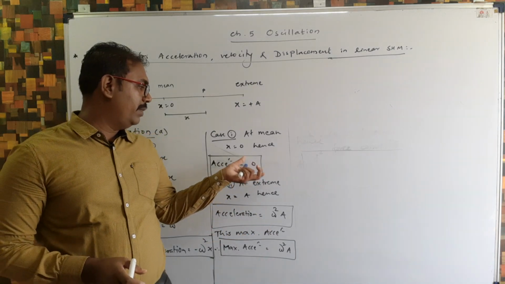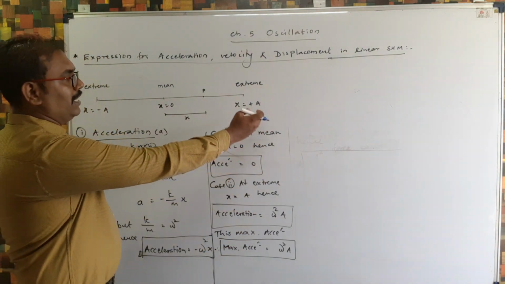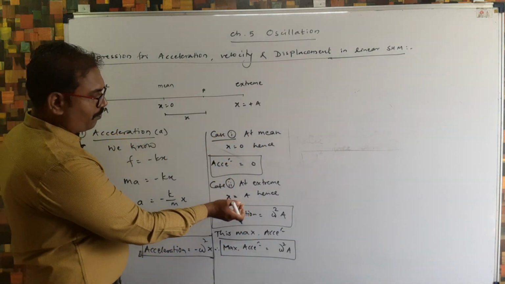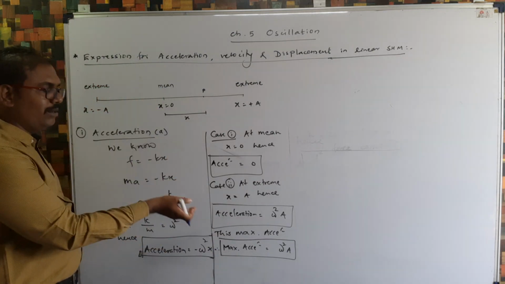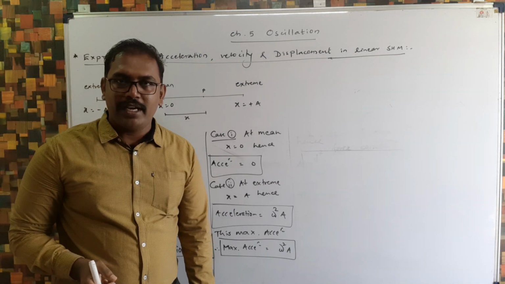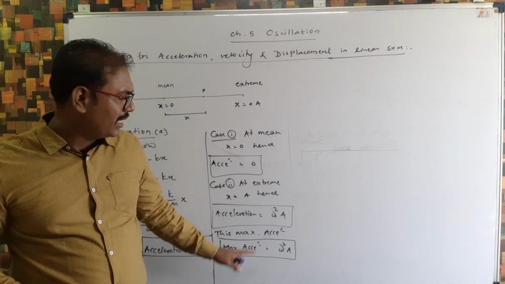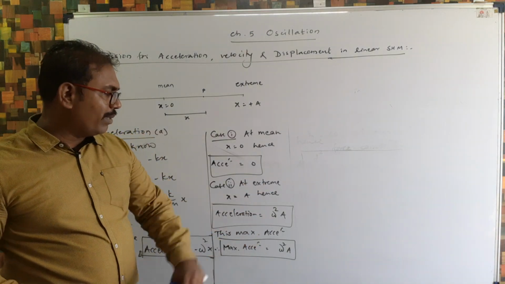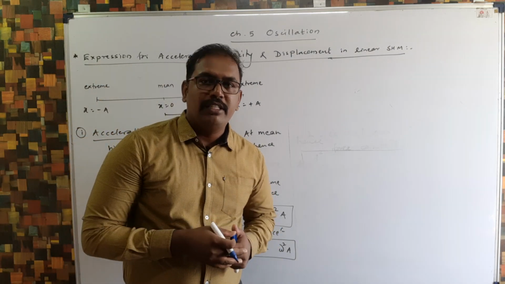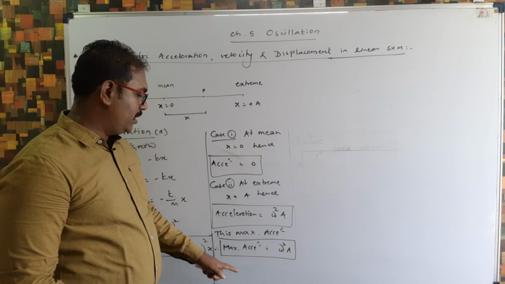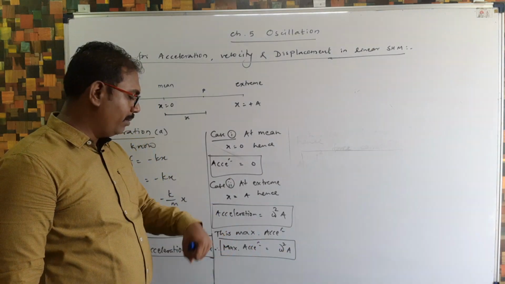Here the magnitude at mean is 0 and magnitude at extreme is omega square A. Because if I substitute x is equal to plus A, we get minus omega square A. And if I substitute x is minus A, we get plus omega square A. So this is the maximum acceleration. Many times in MCQ as well as in questions, maximum acceleration is given, means you have to use this formula: omega square A is equal to the maximum acceleration.